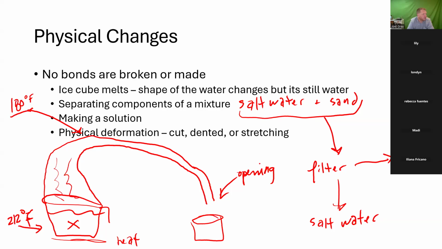Right here. Is 180 degrees Fahrenheit cooler than 212? Yeah, it is. At 212, a liquid converts to a gas, or the liquid water evaporates. It converts from a liquid to a gas. What if it's below 212?